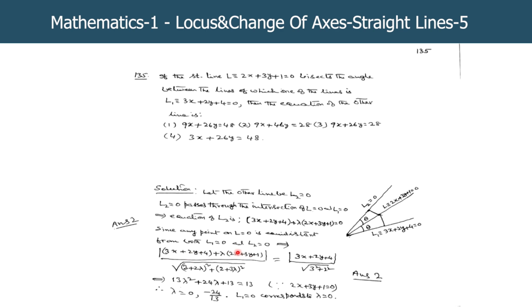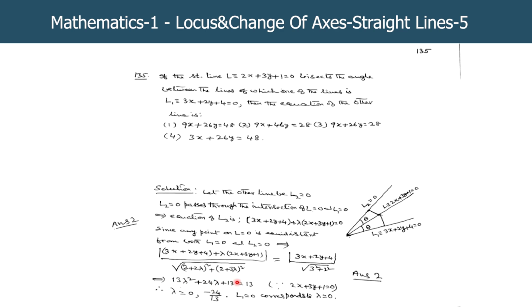the angular bisector between the two lines. So, both distances are equal. Therefore, if you use the perpendicular distance formula, you will have 3x plus 2y plus 4 plus lambda into 2x plus 3y plus 1 by square root of (3 plus 2 lambda) whole square plus (2 plus 3 lambda) whole square is equal to 3x plus 2y plus 4 by square root of 3 square plus 2 square. So, after simplification, you will get 13 lambda square plus 24 lambda plus 13 equal to 13.